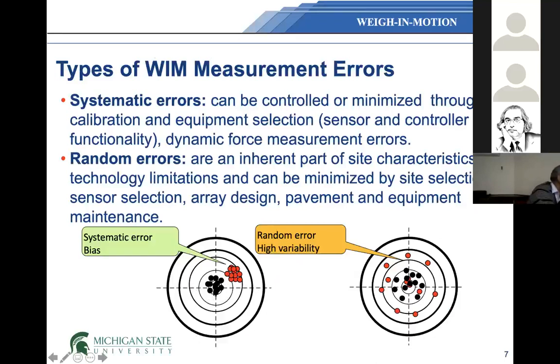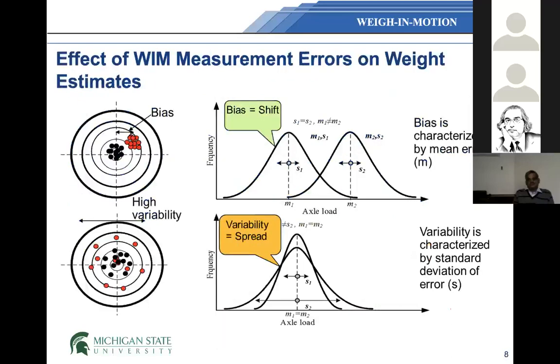If you are hitting the target, you are really accurate and there is no systematic error. But if you are systematically hitting on the side, your data is consistent, but it has some systematic error. In statistics, we call this a bias, because you are away from the target by a constant value. So this is called bias.